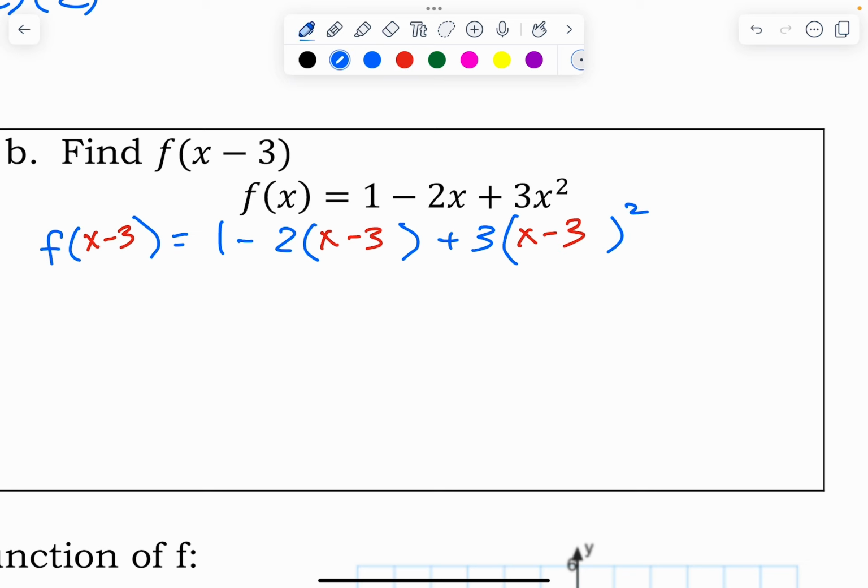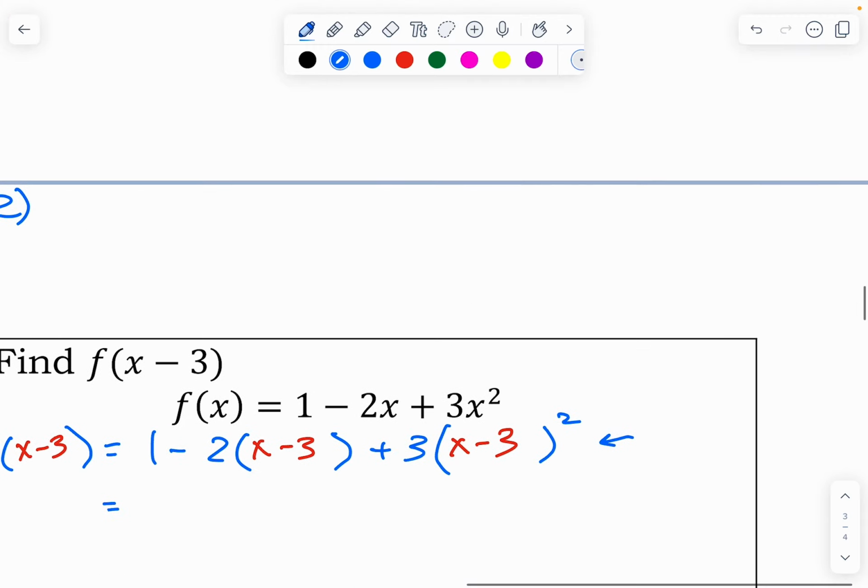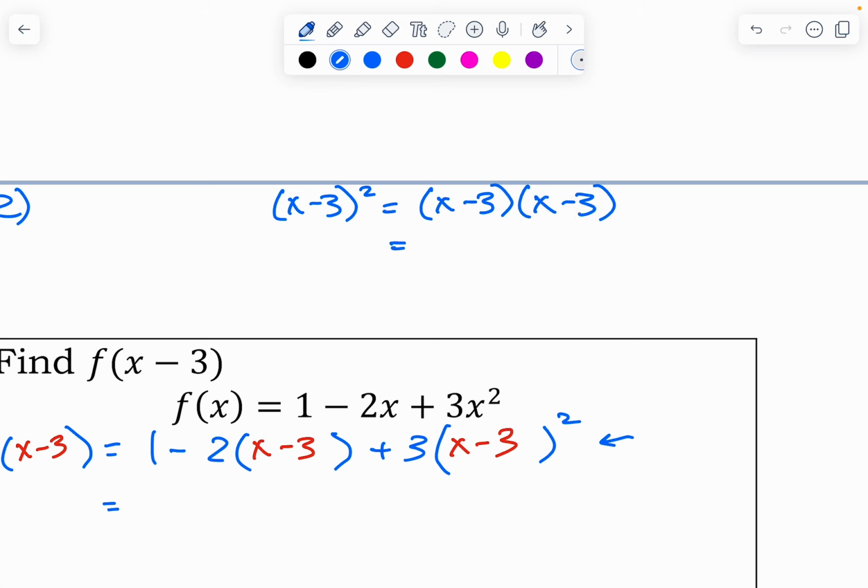Okay, so now let's clean this mess up. The part that is going to take me a second to clean up is this right here. I remember that x minus 3 squared is equal to x minus 3 times x minus 3, which would be x times x is x squared, x times negative 3 is negative 3x, negative 3 times x is negative 3x, negative 3 times negative 3 is positive 9.